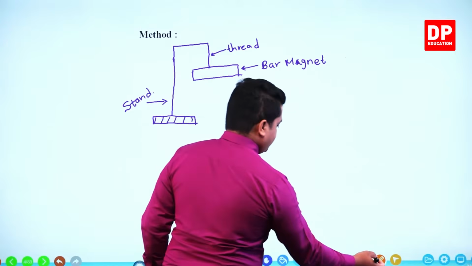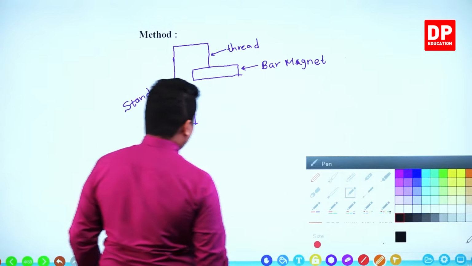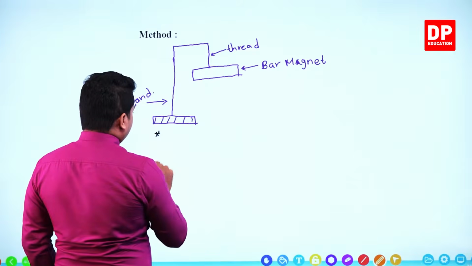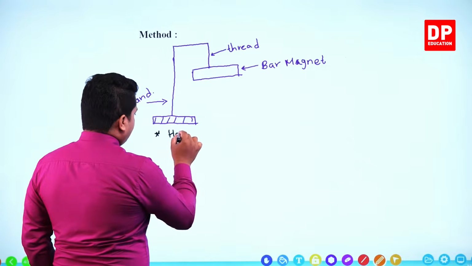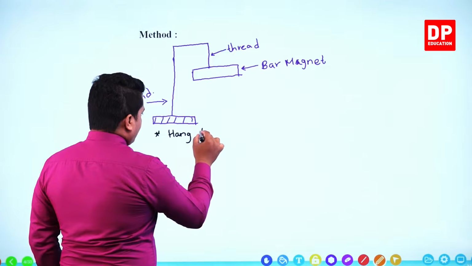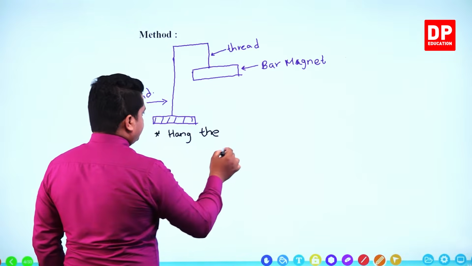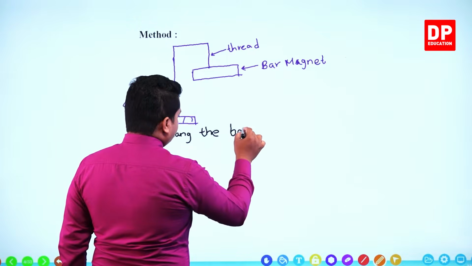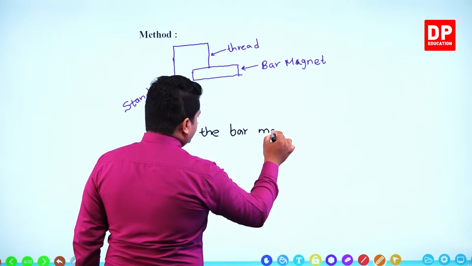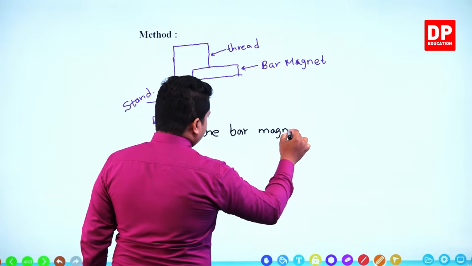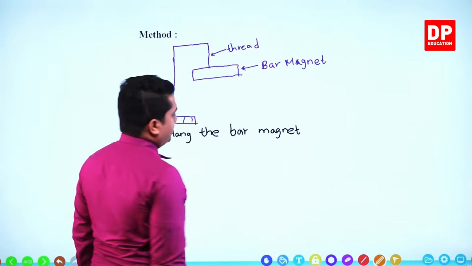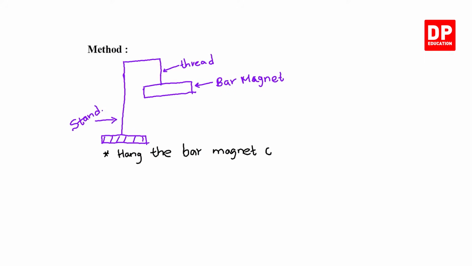So, we'll write the steps. Hang the bar magnet on the stand using a thread.